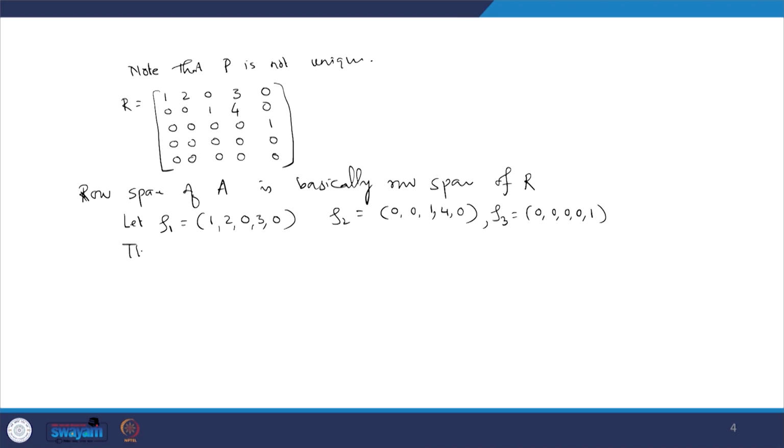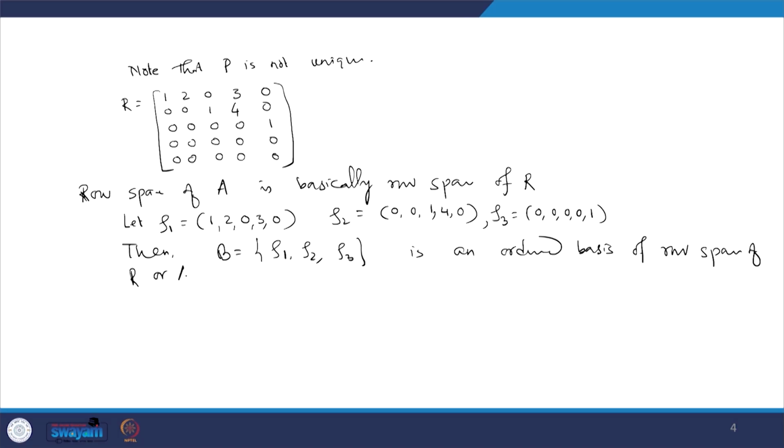Then B equal to row 1, row 2, row 3 is an ordered basis of the row space of R or A. This is the answer to the second question.